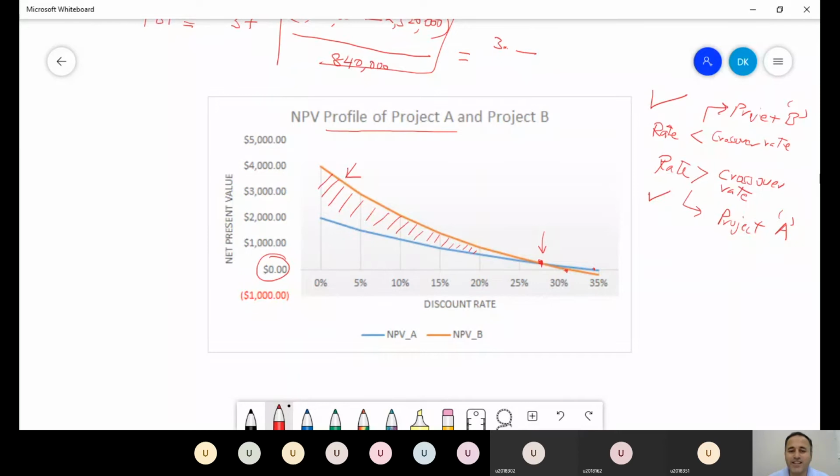That's why we are using the same discount rate. I have evaluated both projects at 5%, then at 10%, then at 15%, then at 20%. So I have evaluated both projects at one rate, which means same risk.